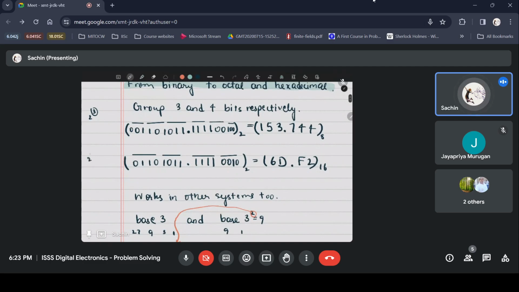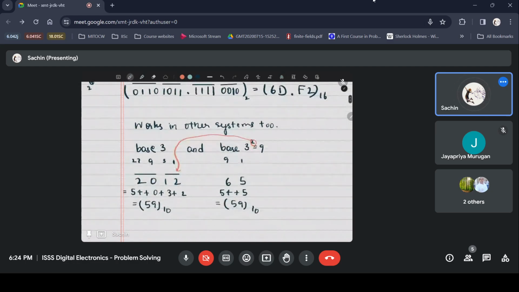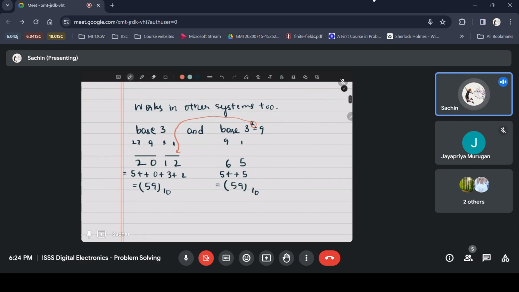For hexadecimal it's 2 to the power 4, 16, so every 4 bits in binary would be equivalent to 1 digit in hexadecimal. For base 9, which is 3 squared, every 2 digits will be equivalent. So we group 2 digits at a time. So 12 you group it, 20 you group it.